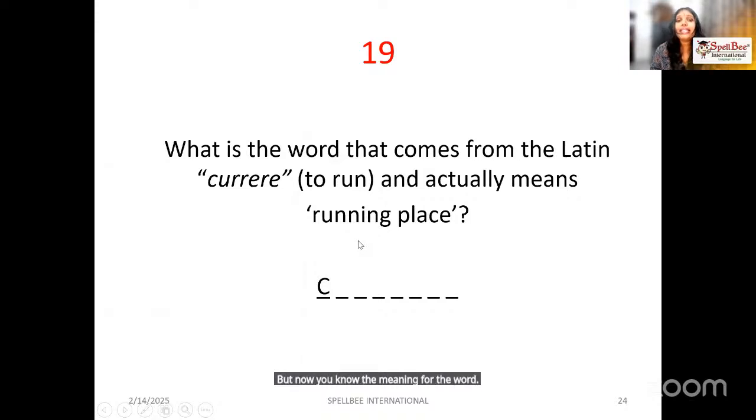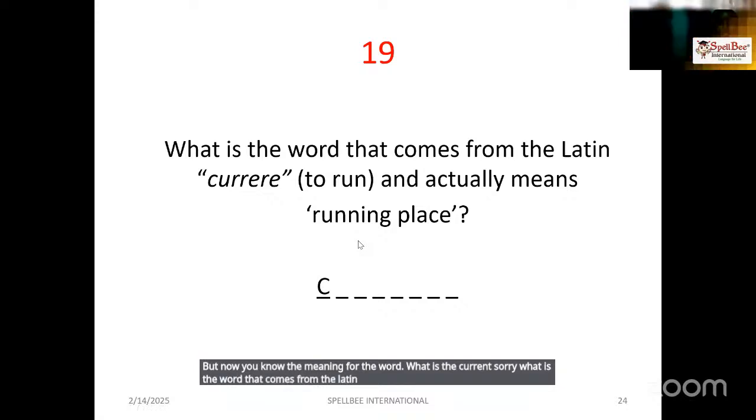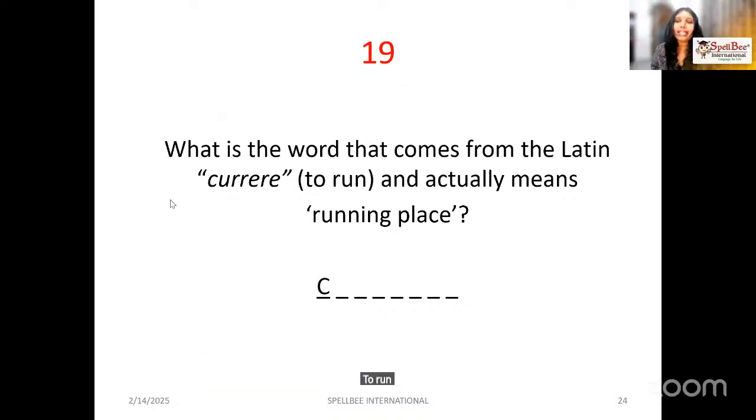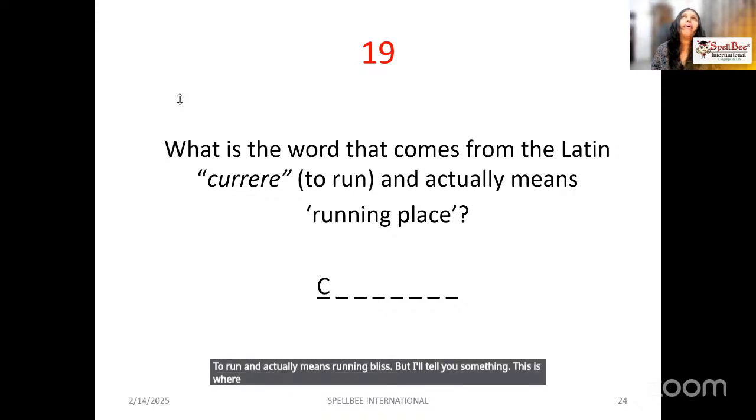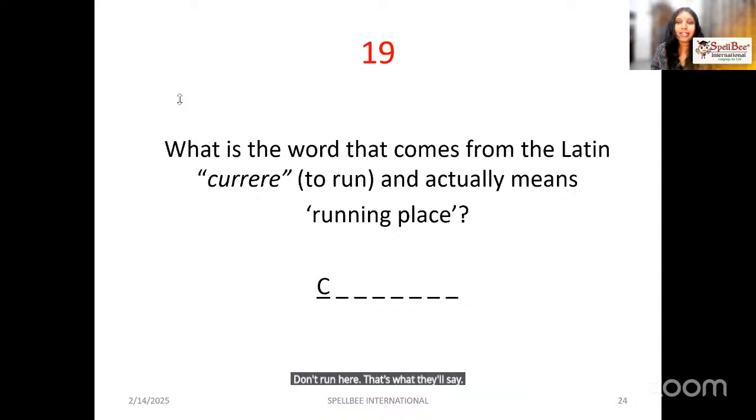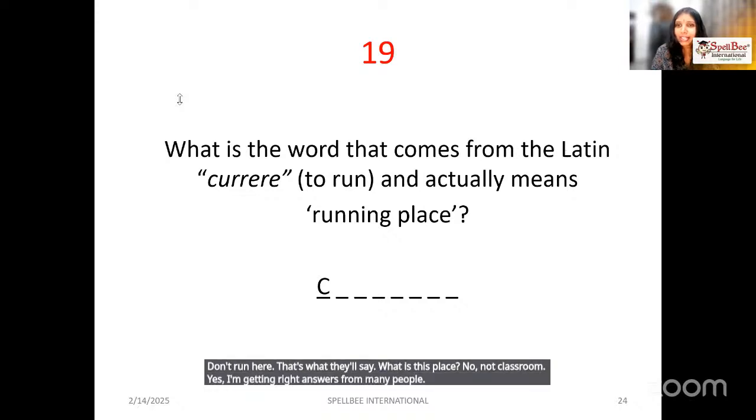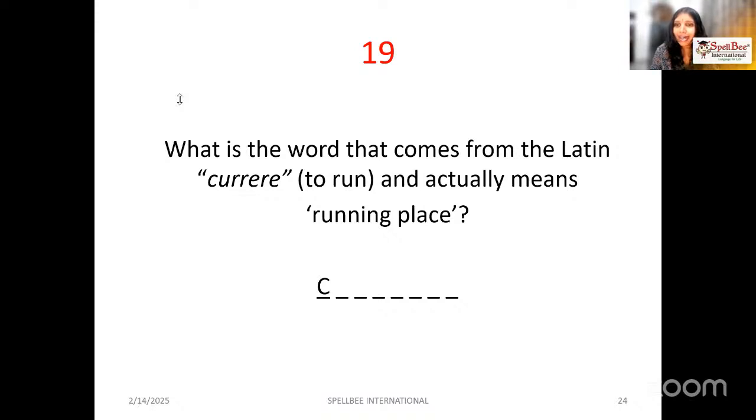What is the word that comes from the Latin word currere, to run, and actually means running place? But I'll tell you something. This is where our teachers tell us not to run. Don't run here. That's what they'll say. What is this place? No, not classroom. Yes, I'm getting right answers from many people. Sankarshan, Manav, Zacharias.